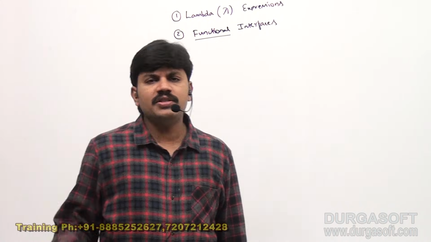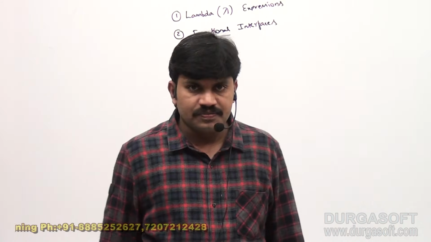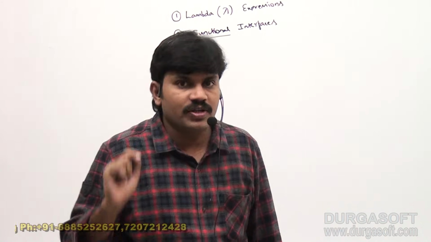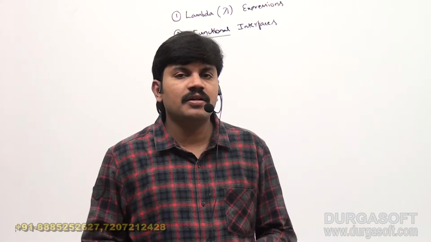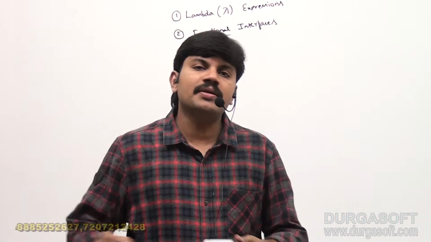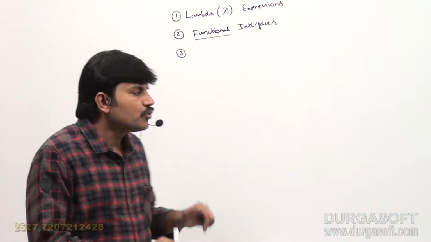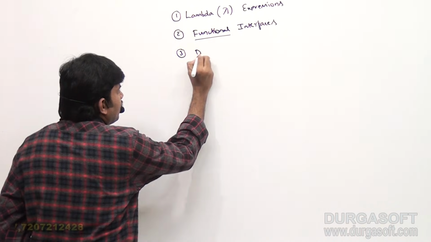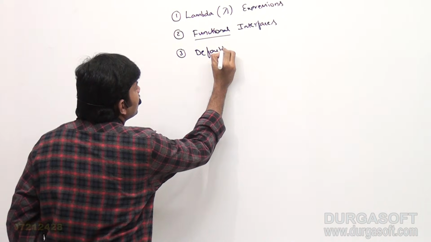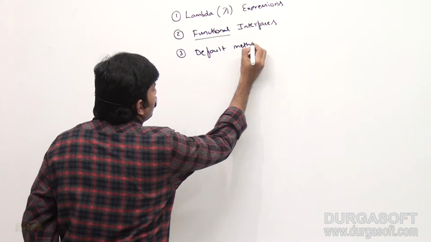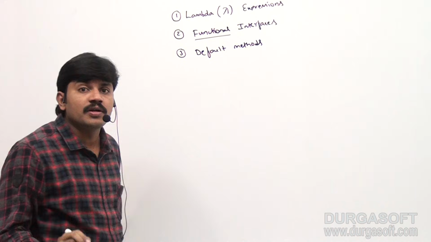This rule is applicable only until the 1.7 version. But in the 1.8 version, you can declare concrete methods also inside an interface. Those methods are nothing but default methods.